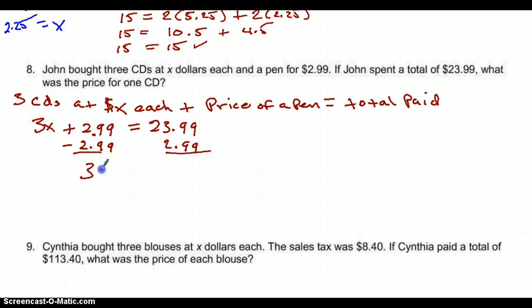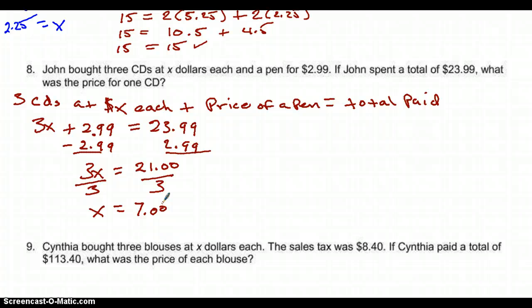Remember, we just bring down our 3X is equal to $21. Now we're going to divide by 3. That means this will become X, and X is equal to 7. So that's telling me that my 3 CDs were $7 each.